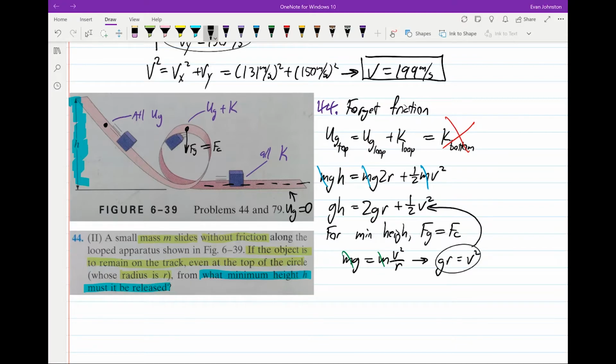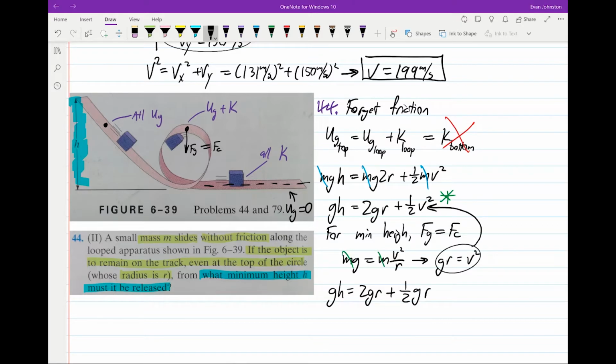So essentially, we had to look at the forces going on at the top to be able to get rid of this v, and now we just have everything in g's and r's and h's. So now I can rewrite this starred equation as gh is equal to 2gr plus 1/2 gr.